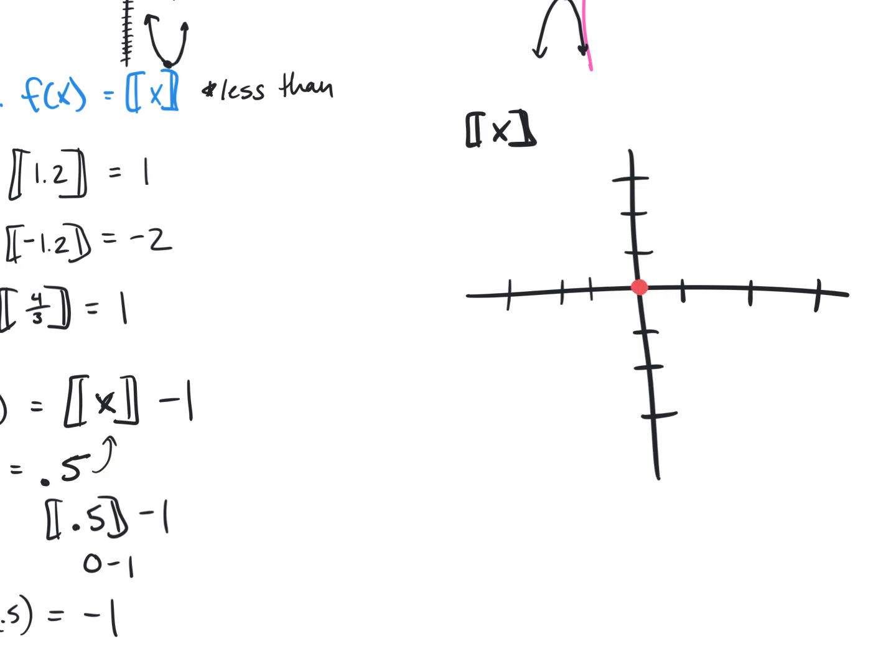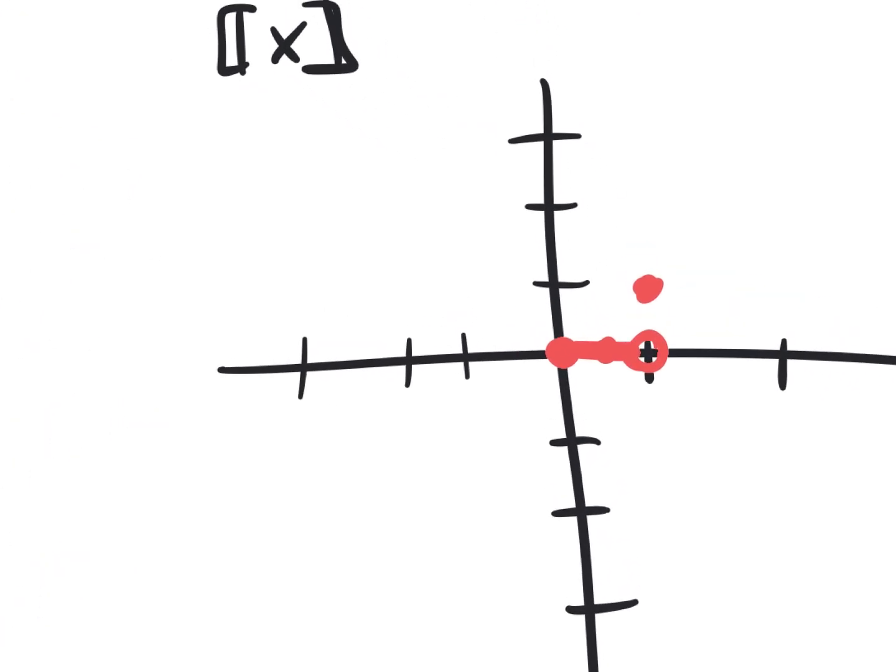If we plugged in 0.5, what would our y be? 0 also. If we plugged in 0.9, what would it be? 0. But if we plugged in 1, what would it be? 1. So it would jump to 1. So here we'd have an open circle at 1. Because it's everything that goes up to 1, but it doesn't include 1.